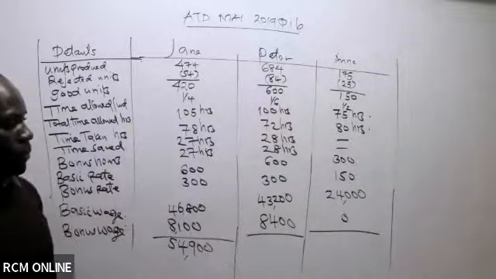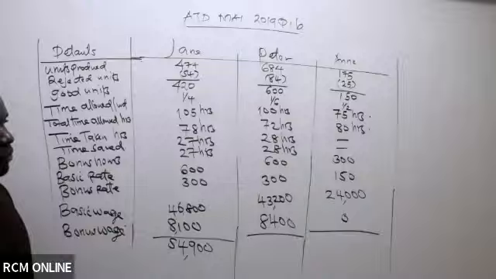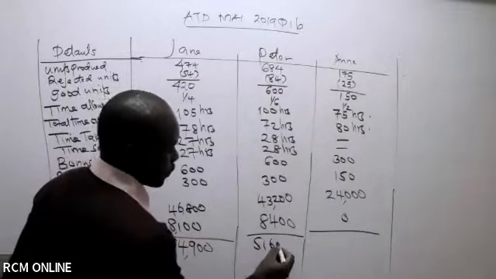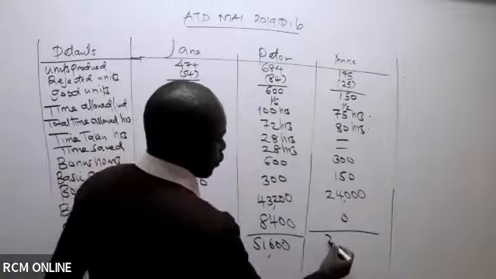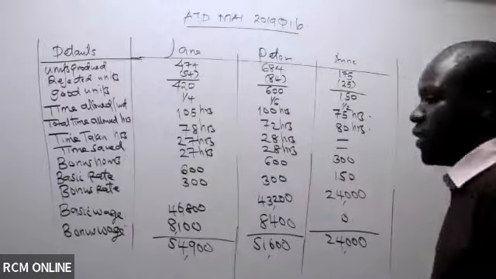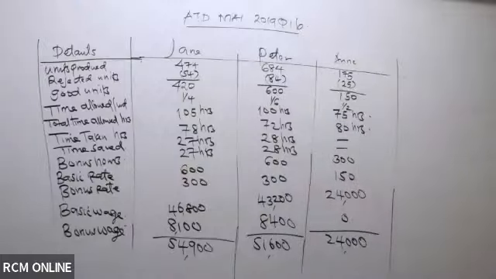How about this? It will be 51,600. Then this one will be 24,000. So that's what you are required to do in this particular question.